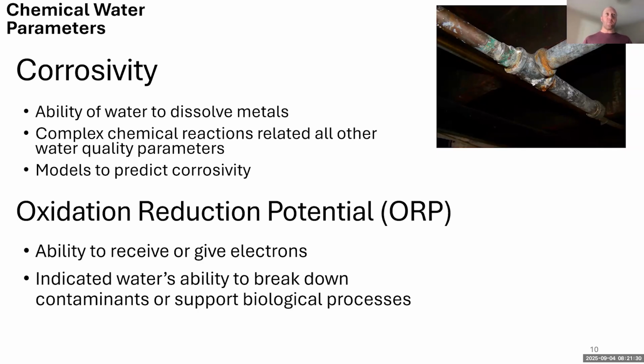And so this is just a measurement of the ability of water to do that. And this can be positive if it's more oxidizing, or negative if it's more reducing. And this is something you can measure because it gives you a gauge about a water's ability to support biological processes and break down contaminants.